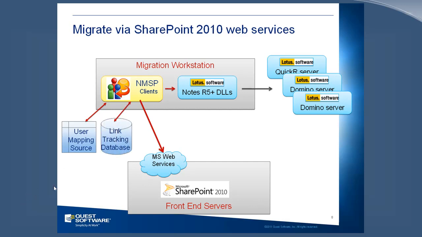So this is where we write the location of all the new documents, so that when a user clicks on a doc link, we can redirect them to the right location every time. Even if they're migrating things in different stages, we continuously update the links using this database so that we can redirect people to the right place as they click on their doc links and so on.